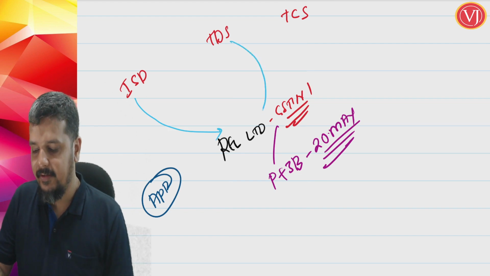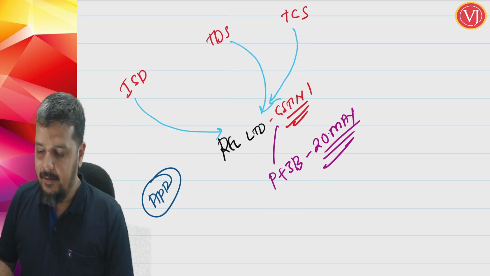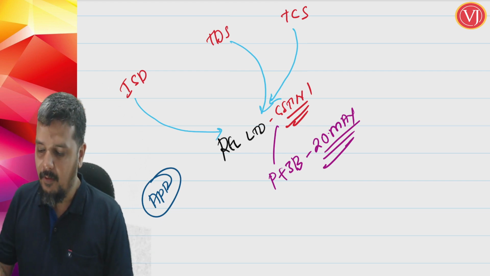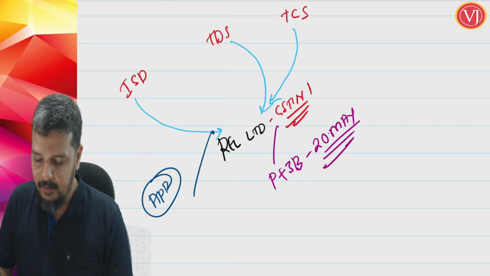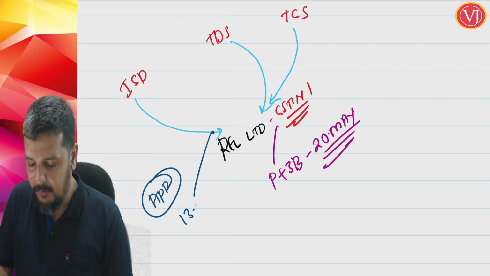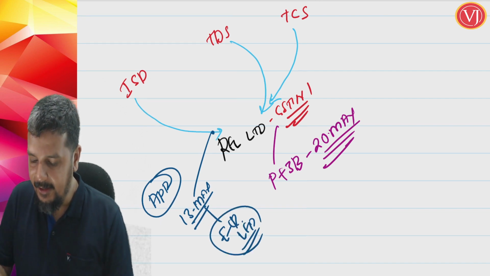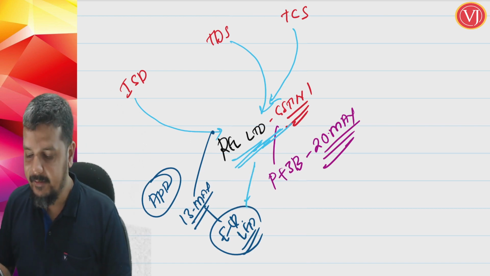The credit of ISD, this TDS and TCS is also to come to me. ISD will take the credit and pass on the credit. ISD, whatever credit it is giving me, has to come to me on or before 20th of May. So they will file on or before 13th of May, so that I get the amount in my electronic credit ledger. When I say Reliance Limited GST number 1 will get the amount in the electronic credit ledger.